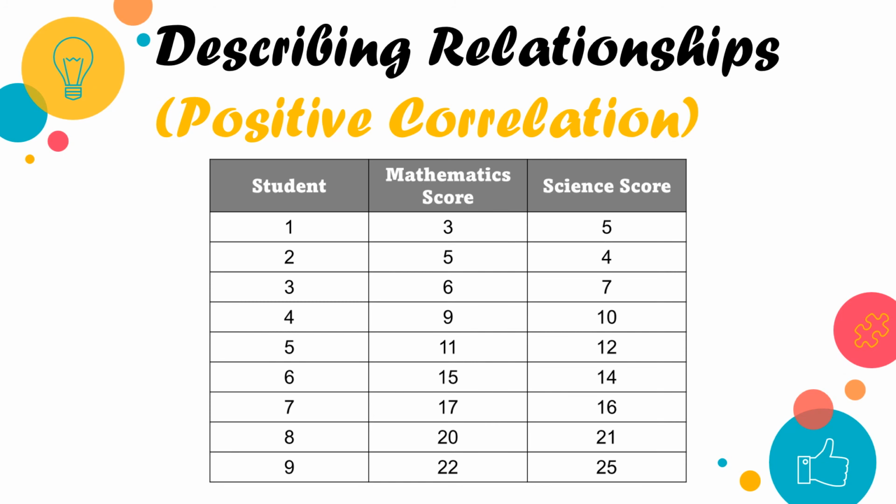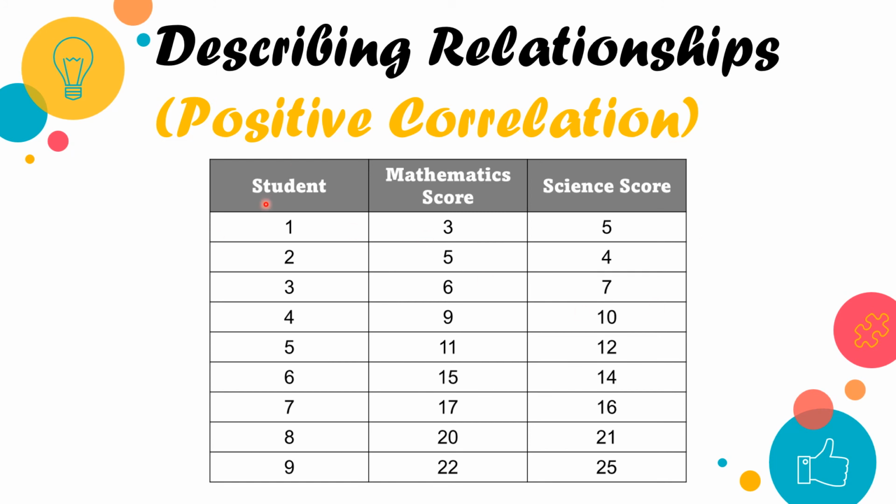It's positive correlation. When the X variable goes down, the Y variable also goes down. That is still positive correlation. This means that as the value of X increases, the value of Y increases too, or as the value of X decreases, the Y value also decreases.